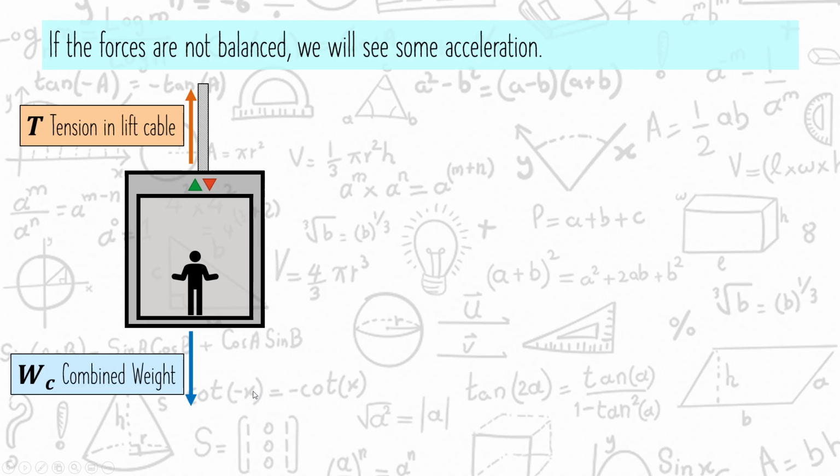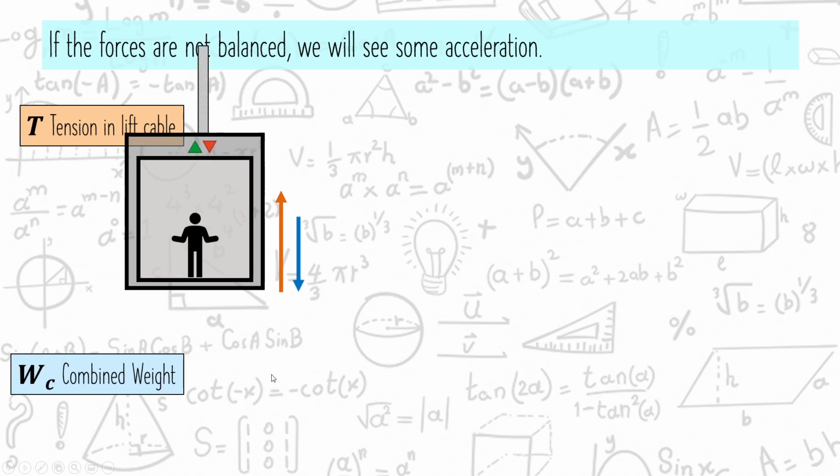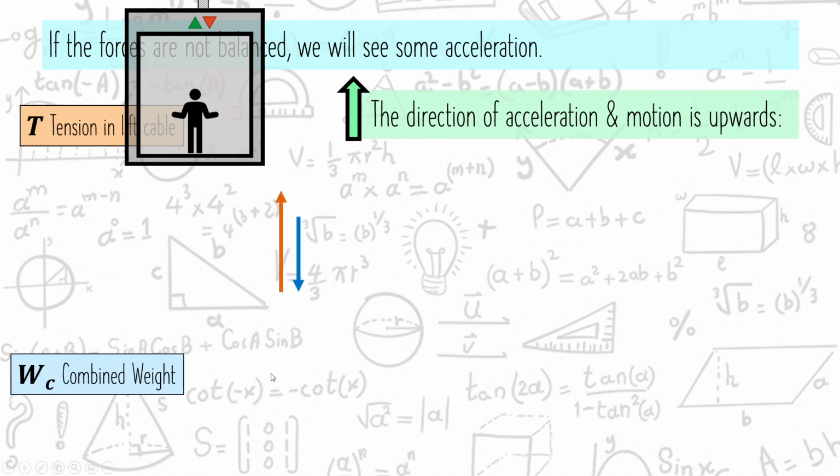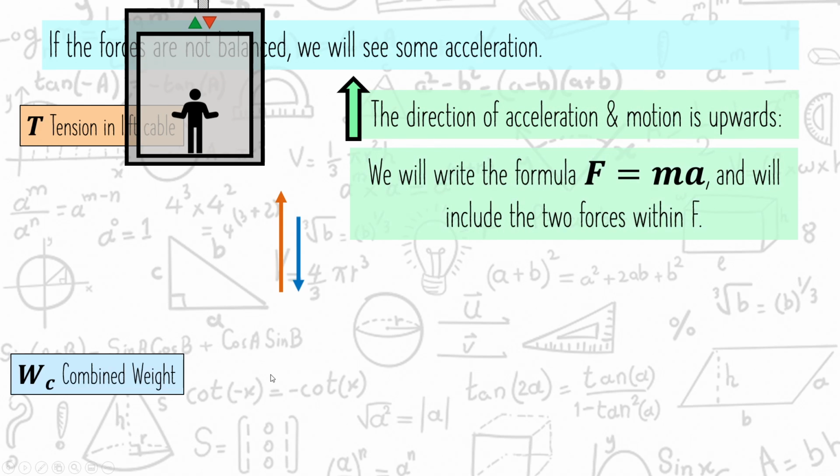If the forces are not balanced, we will see some acceleration. For example, if we increased tension to be greater than the combined weight, we would see the object moving upwards. The way we would set this problem up is we would still write F equals ma, but within F, we would include both of our forces and consider the resultant.